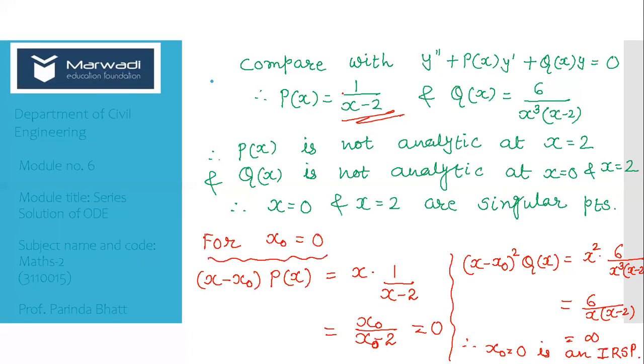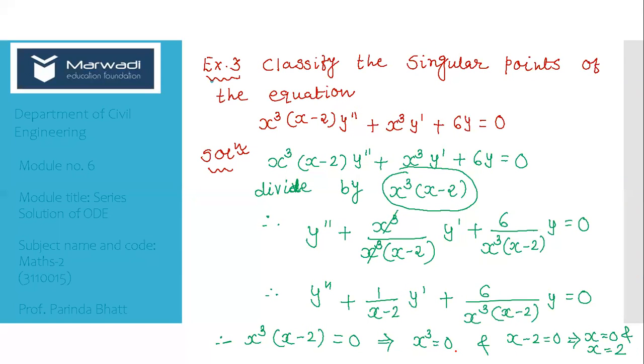Then identify the values of p of x and q of x. Now, the denominator x cubed into (x minus 2) equal to 0. Therefore, x cubed equal to 0, x minus 2 equal to 0. Therefore, x equal to 0 and x equal to 2.